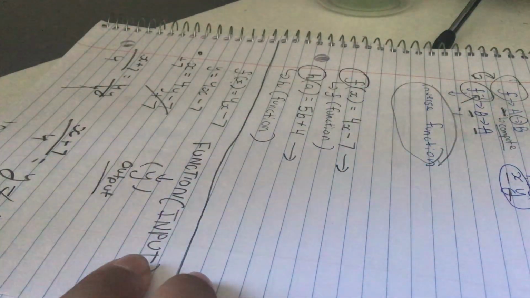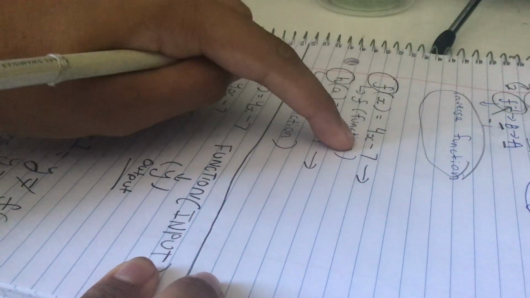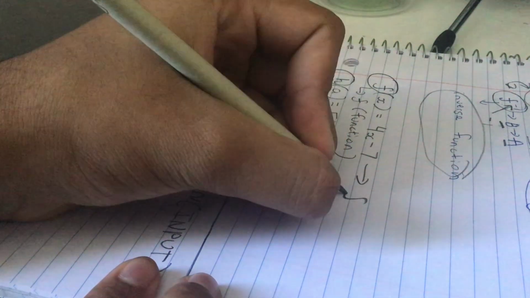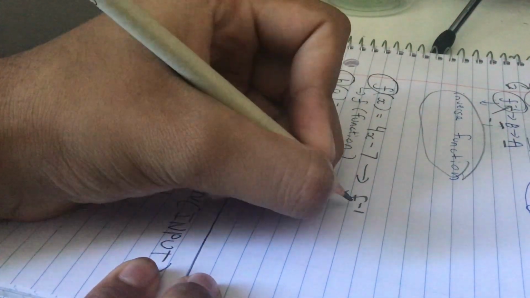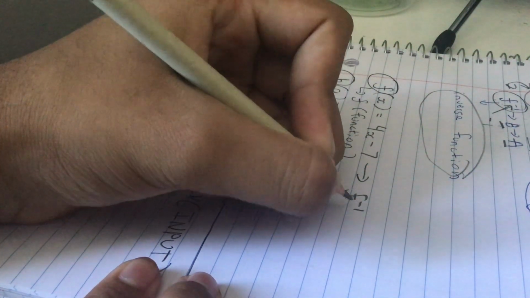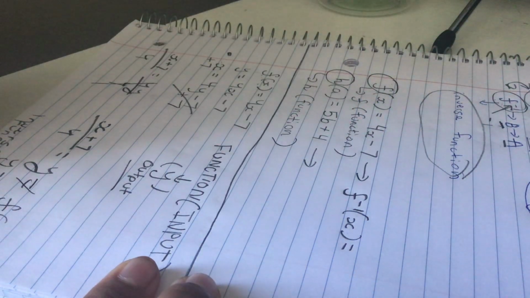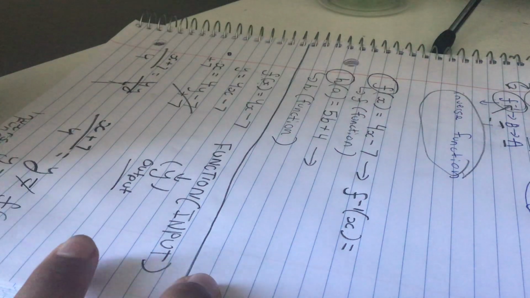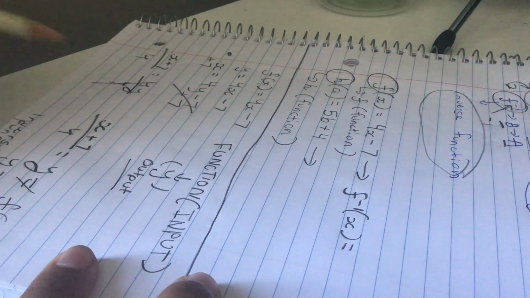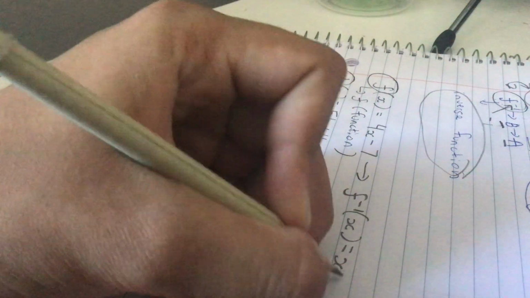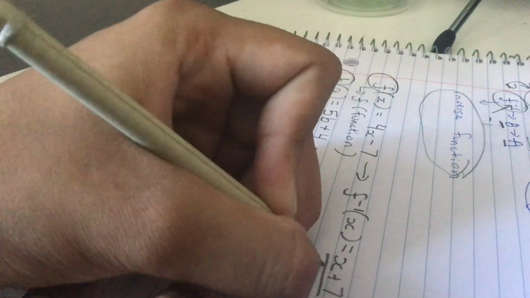So if we go back up here, the inverse function for this specific function is going to be f minus 1 of x, which is going to equal x plus 7 divided by 4.